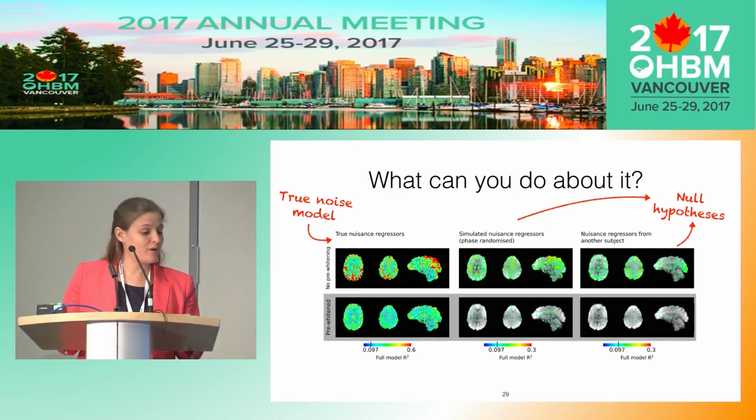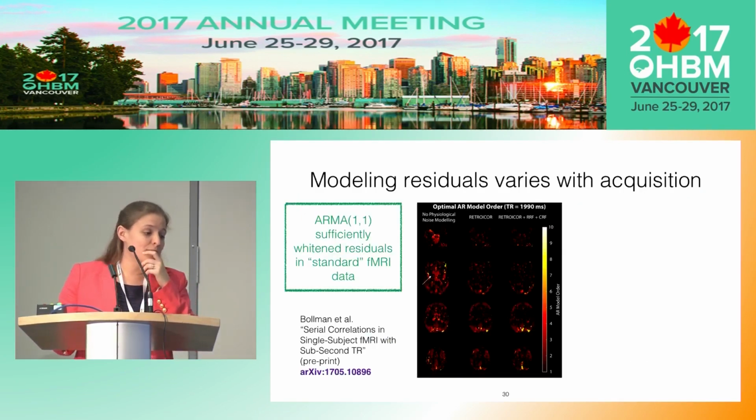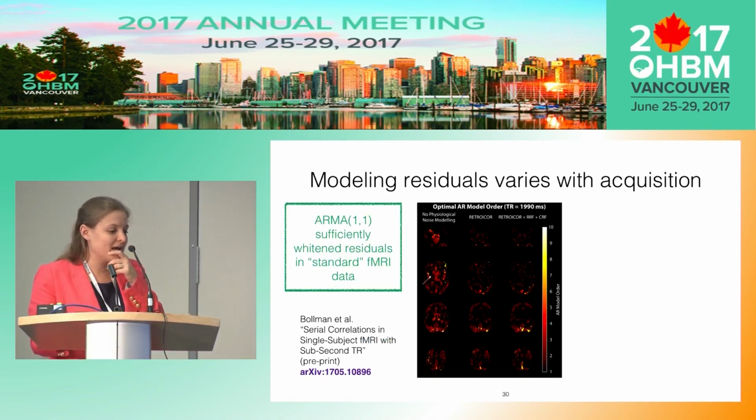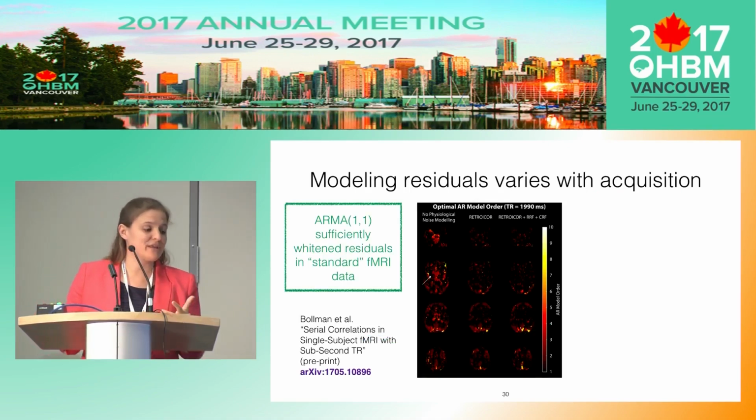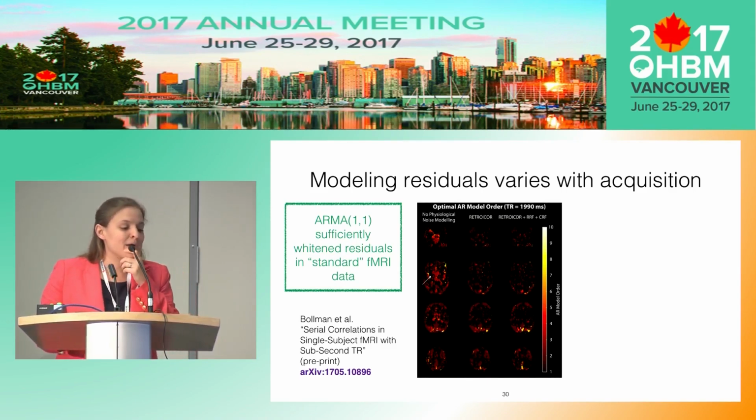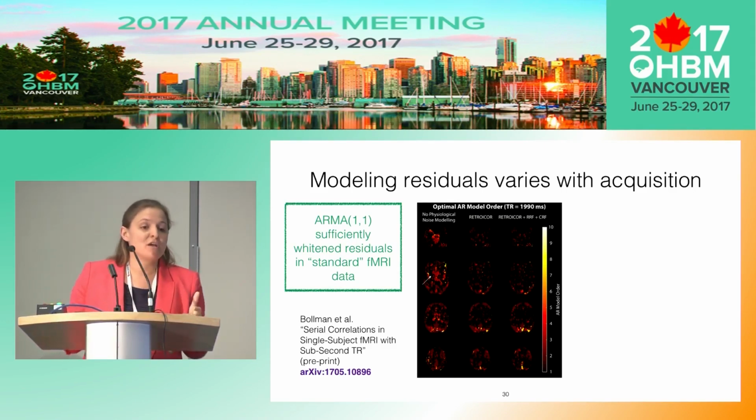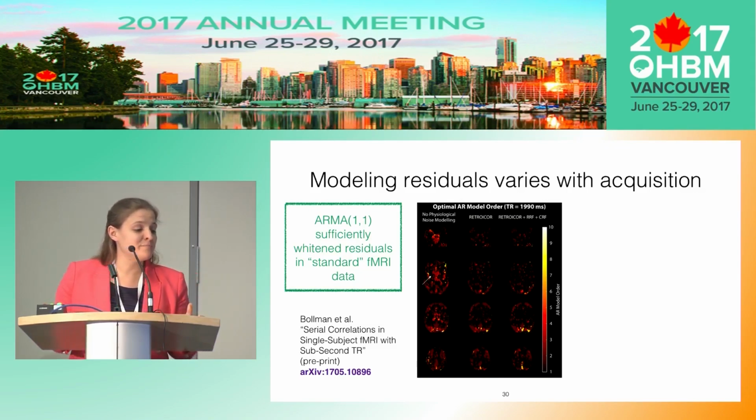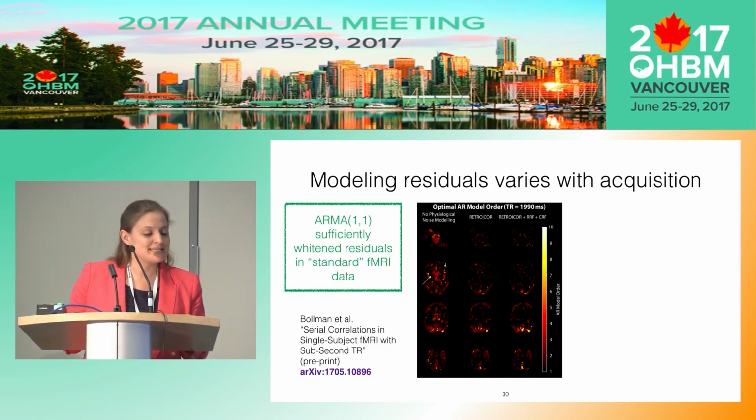And so what I can conclude is that the ARMA 1.1 is sufficiently whitening the data in standard fMRI data. So I checked the residuals to my nuisance regression. They were white. And in this preprint by Bowman and colleagues, they saw the same thing when the TR was on the order of 2 seconds. This is the optimal autoregressive model order to fit the residuals to your resting state data, and it is on the order of 1 to 2.